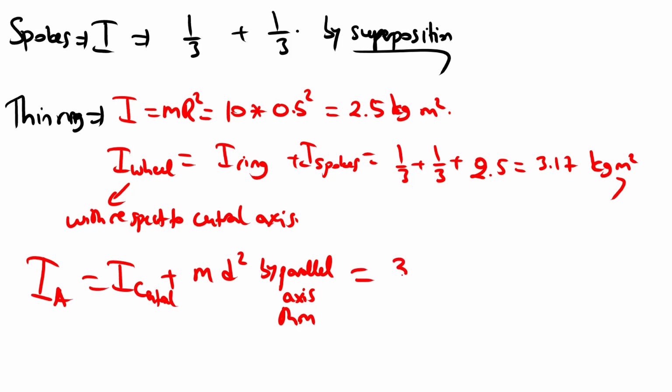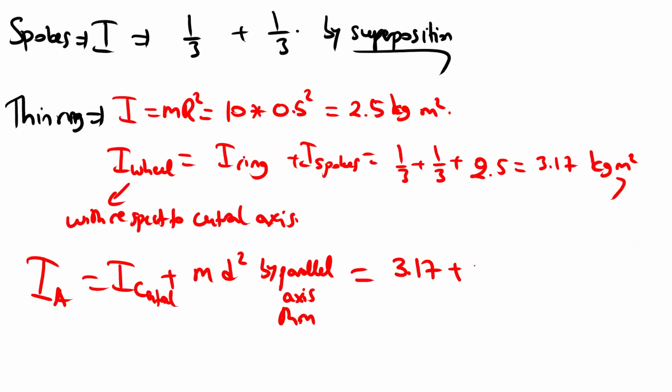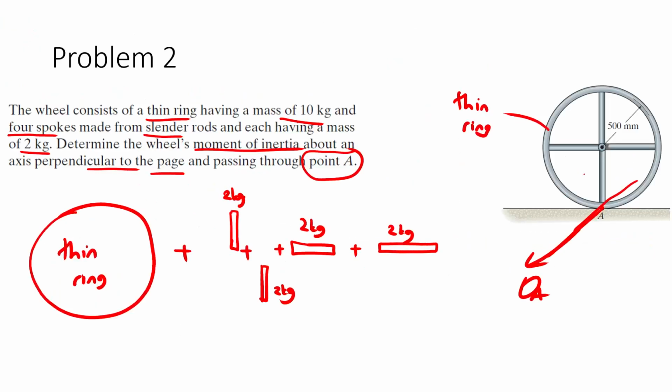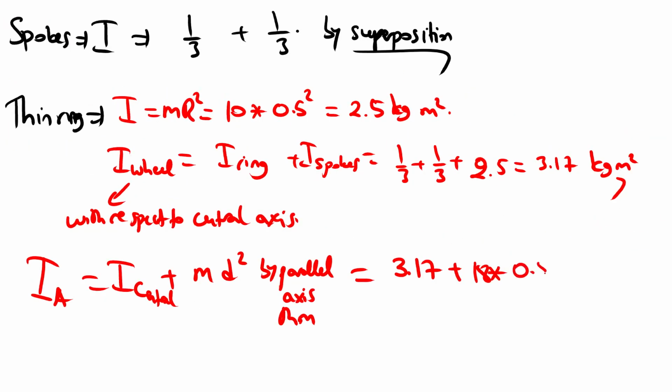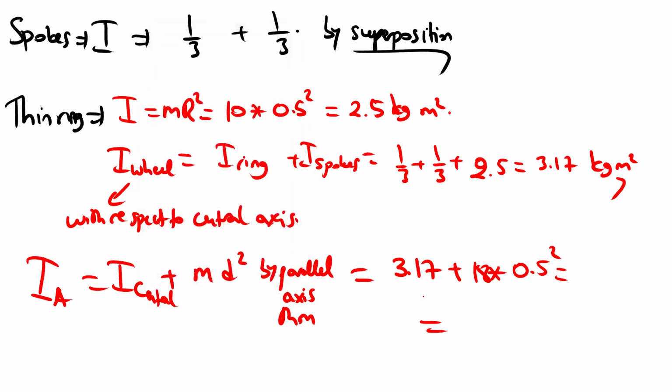That will be 3.17 plus the mass, which is 10 here and 4 of them, 8, which makes 18, times d, which is 0.5 squared, plus 7.67. That is the moment of inertia for the whole body.